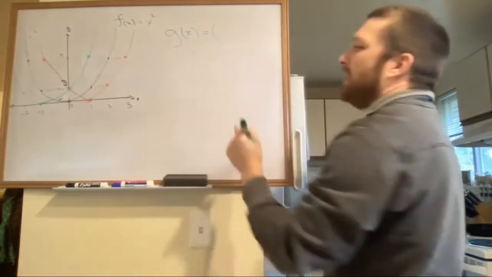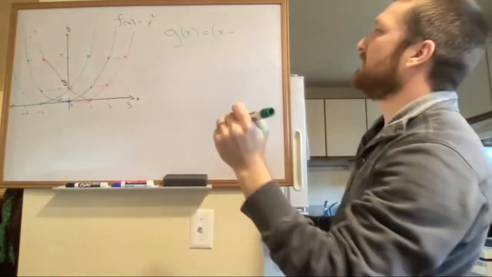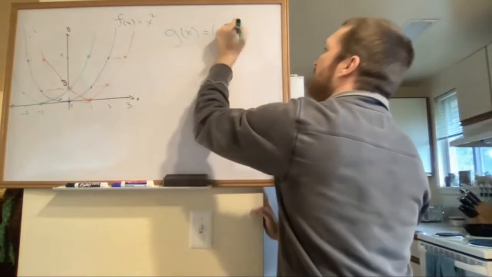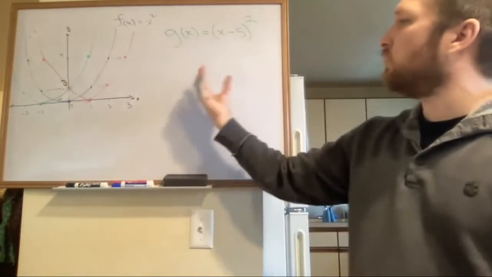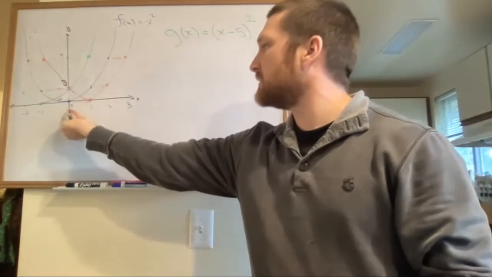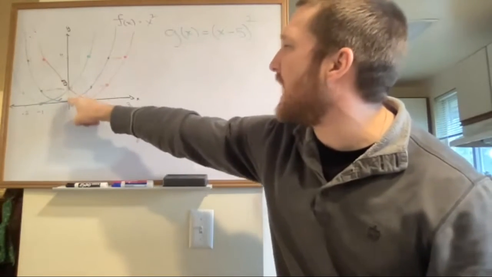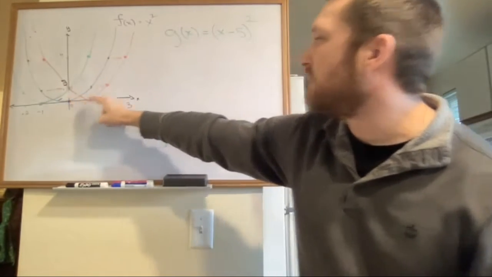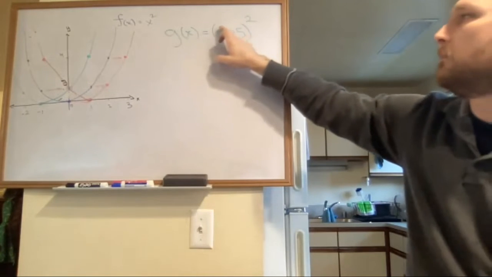If I shift it by some amount, let's say -5, what I could do is say, well, hold up, what happens to the vertex? Well, the vertex, that lowest point, happens when the output is 0. The only way to get an output of 0 is if that thing is 0.